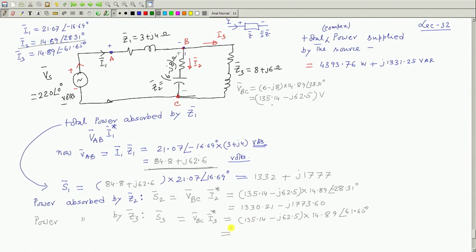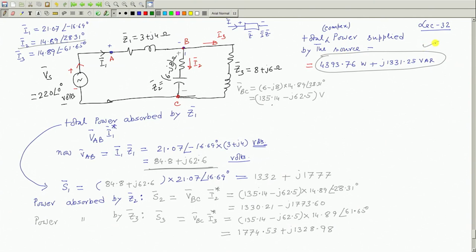So, this one will become 1774.53 plus j 1328.98. So, we have calculated the power supplied by the source.